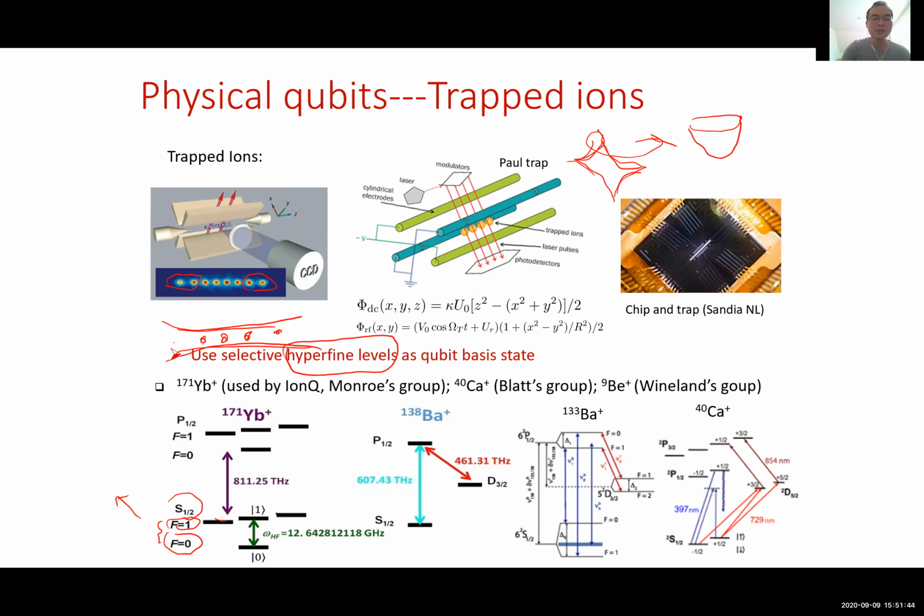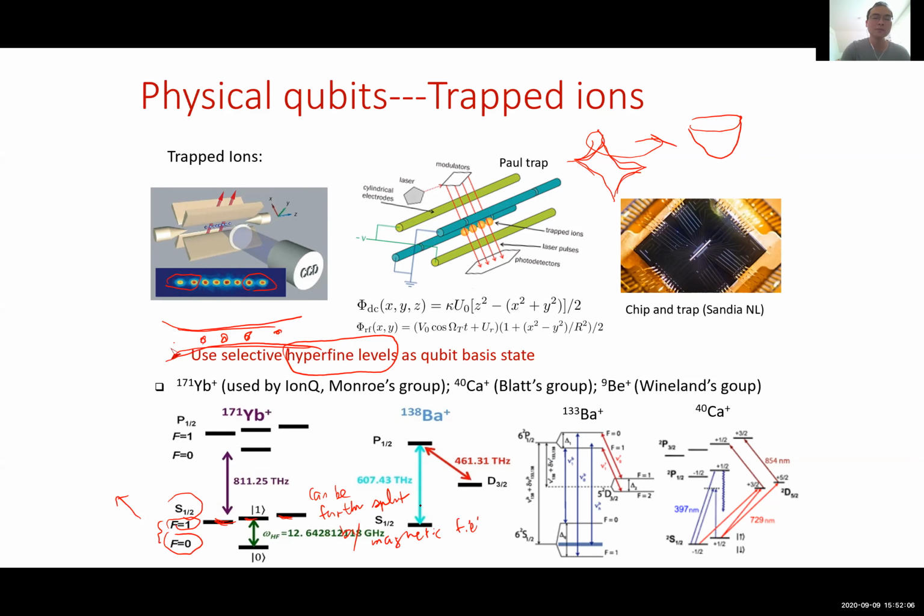And you see that there are sublevels. They show this slightly different because they can be further split by a magnetic field, because these are spin states.